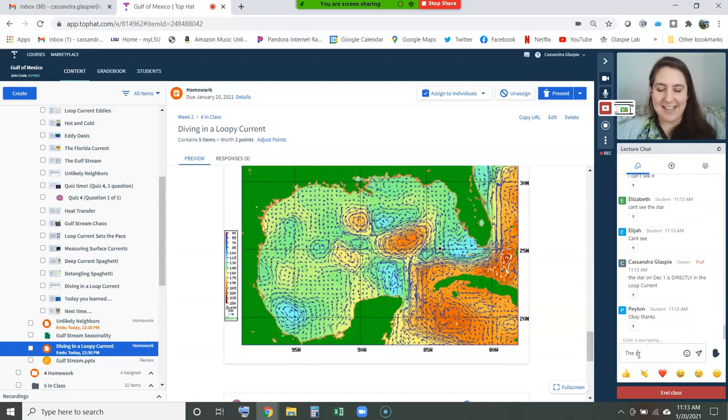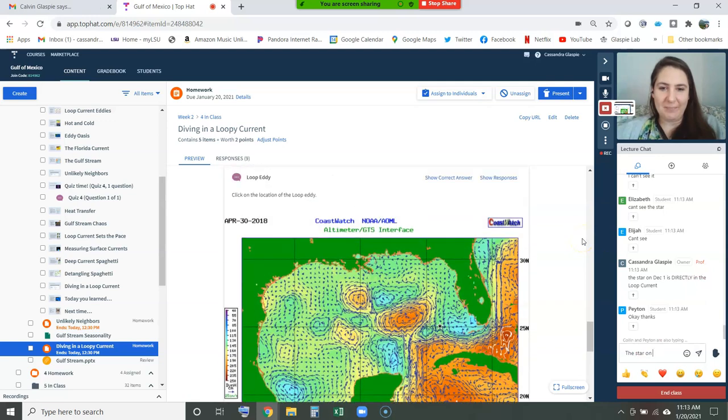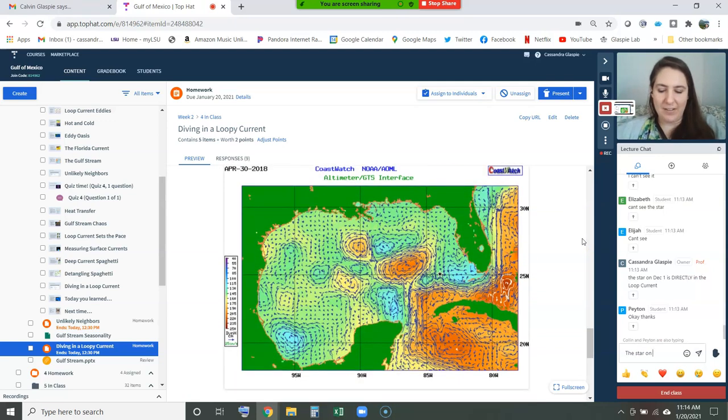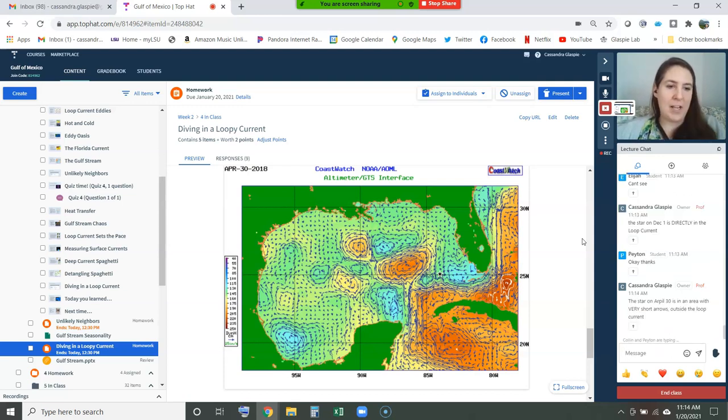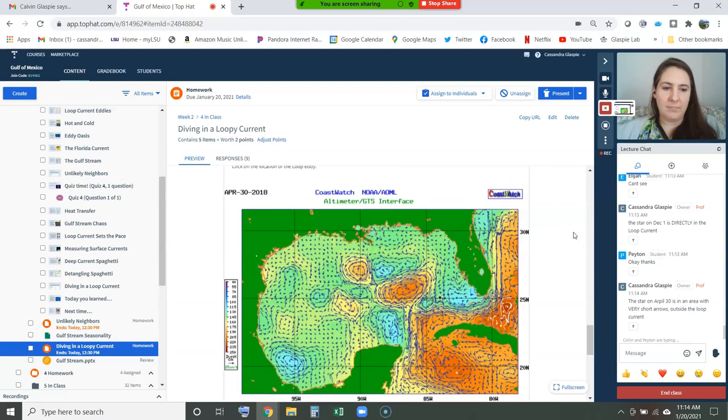And then the star on April 30th. The star on April 30th is in an area with very short arrows outside the loop current.